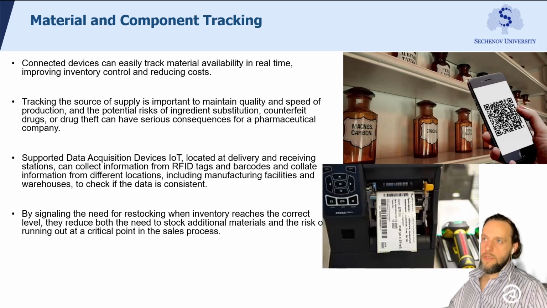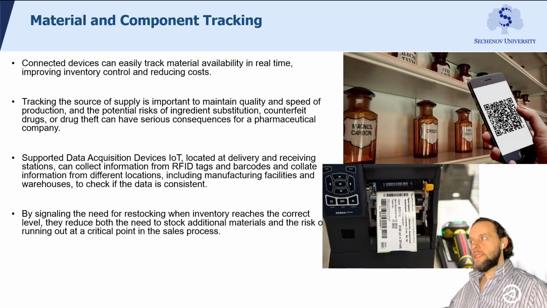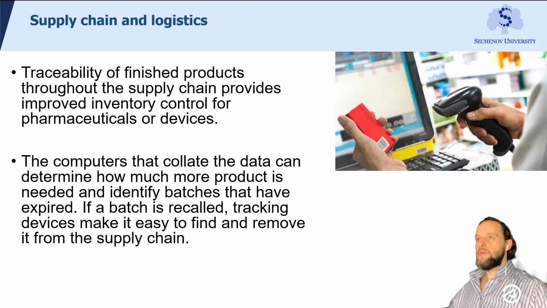And in medical organizations, we could use labeling to control logistics of medical products to the patients, and it is another way to check if our patients receive the required medical products according to the prescriptions.